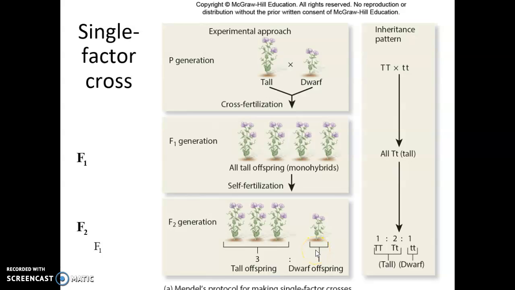And so what he realized is that there must be some kind of factor, he didn't call it a gene, for this dwarfness that was lying in these plants, but we didn't see it again because it was masked by the gene for tallness.